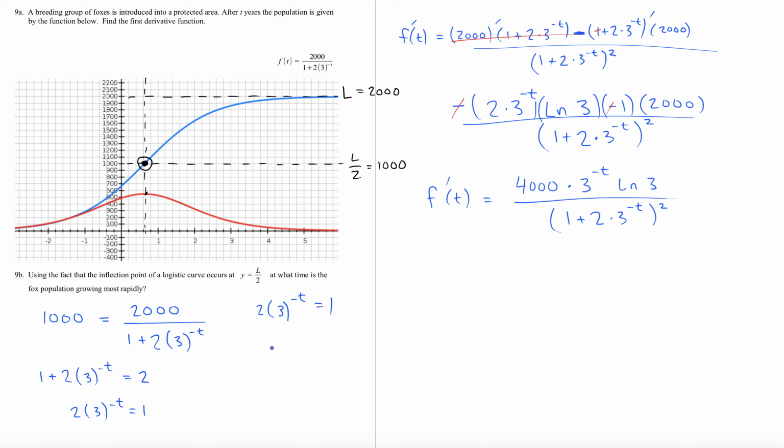Let's divide both sides by 2 to get 3 to the negative t equals 1/2. Take the ln of both sides here. That's going to allow us to bring the t down.